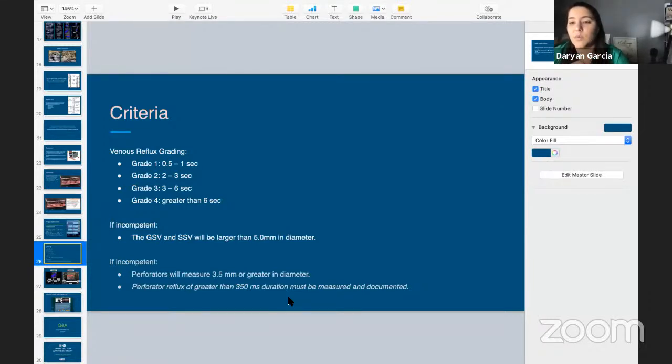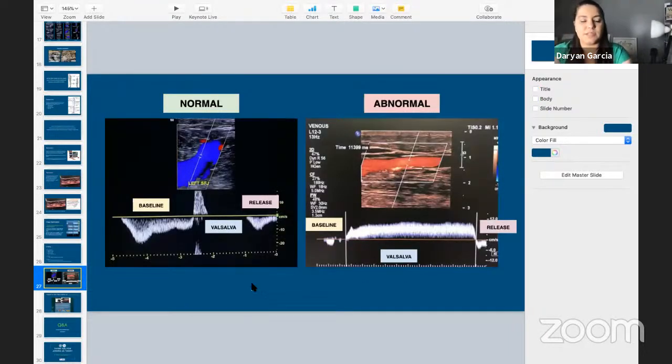And then when you do the reflux with the pulse wave and do your augmentation, if you're able to get reflux, then it should be 350 milliseconds, okay? So in this image, you're going to see what a normal vein that doesn't have reflux looks like, and then this is the abnormal. You have your baseline here.